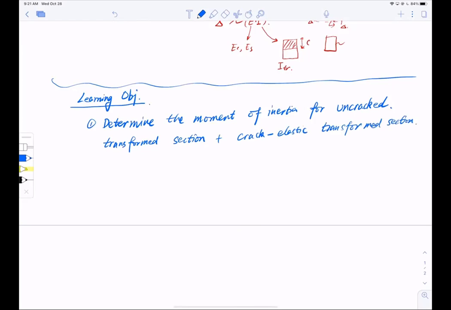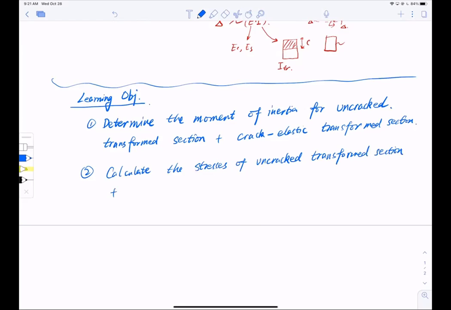Okay, they're different. All right, and next we have to know how to calculate the stresses of the uncracked transformed section and the cracked elastic section.